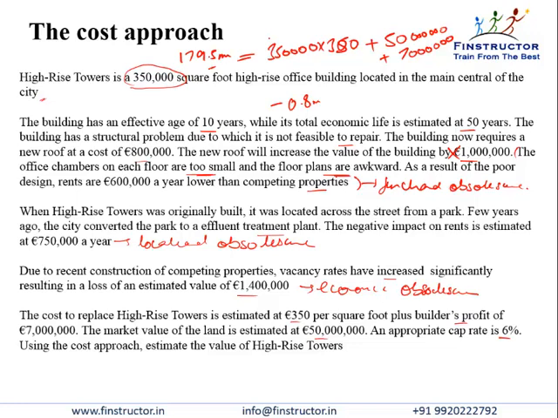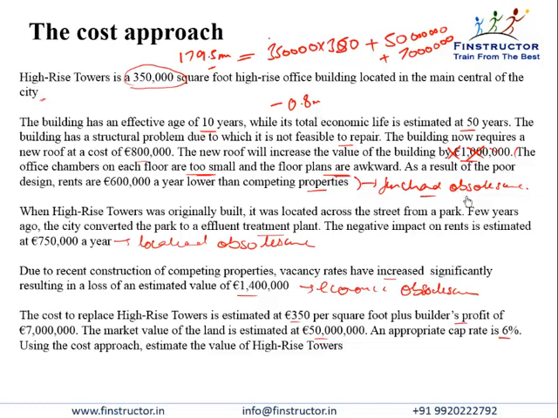It just brings it back to its normal level. So the normal level of the building is already captured in this 350 per square feet. So please note, do not incorporate this. This is redundant information. You don't need to add this to your original value. This value already includes a new good roof. To get this, you have to pay 0.8 million euros.